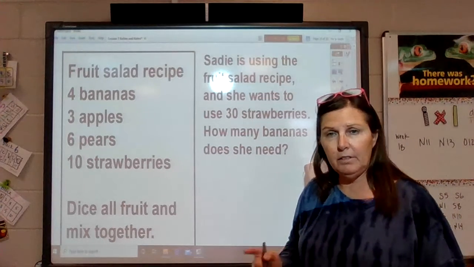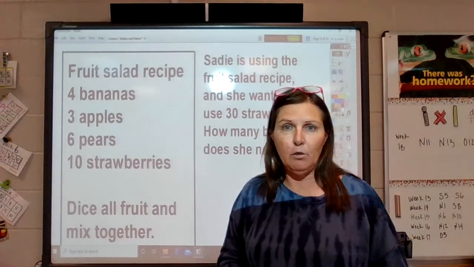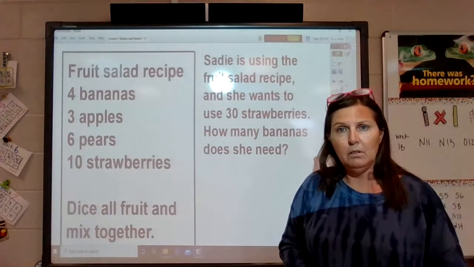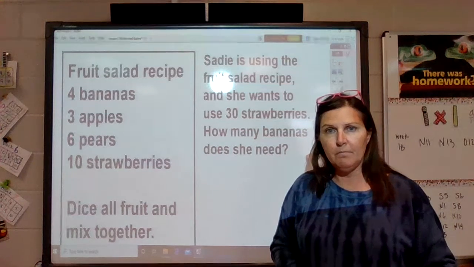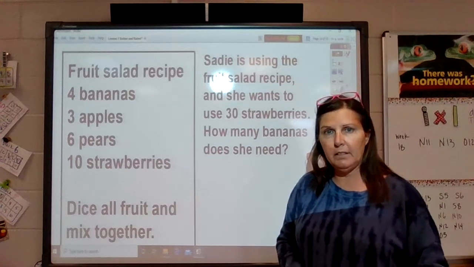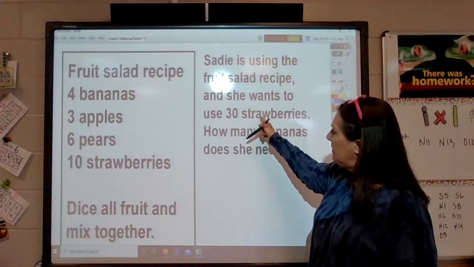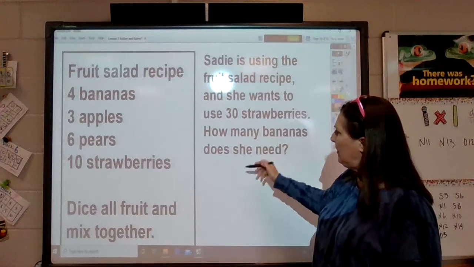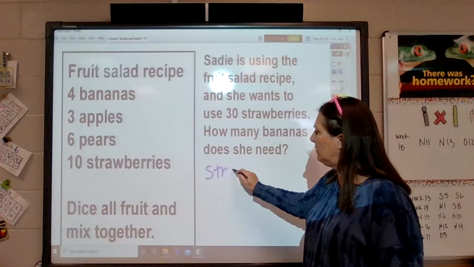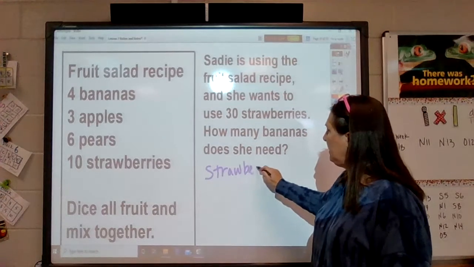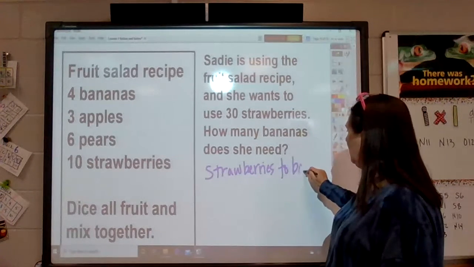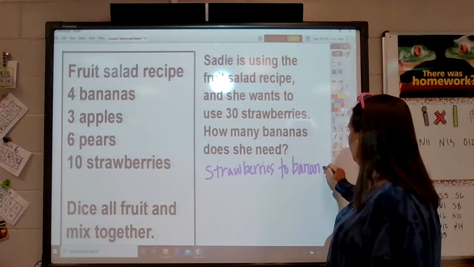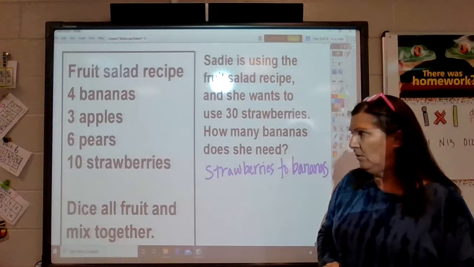So we're comparing two things. Your job is to figure out what two amounts we are comparing. In this case, you're comparing strawberries and bananas. So we're going to do words first. Strawberries to bananas. Right?